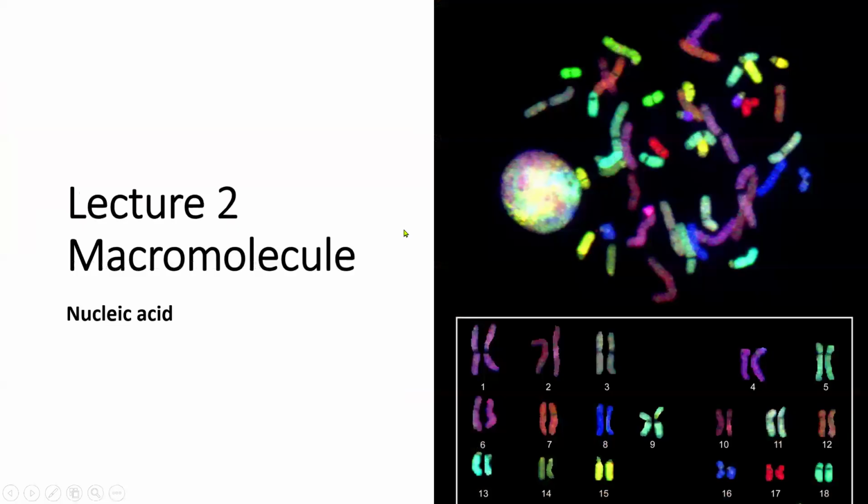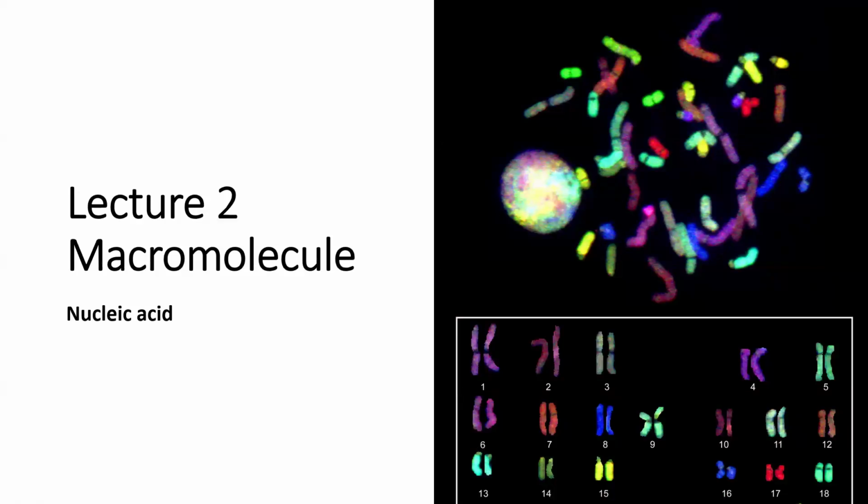So these are chromosomes, and they are not colored, but whenever we look at things under the microscope, a lot of times we apply dyes and colors to help highlight certain features, so we are able to see them a little bit better. The picture got cut off here, but it shows all the chromosomes that we have in our body.